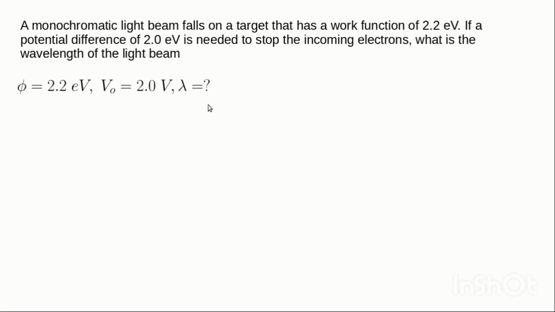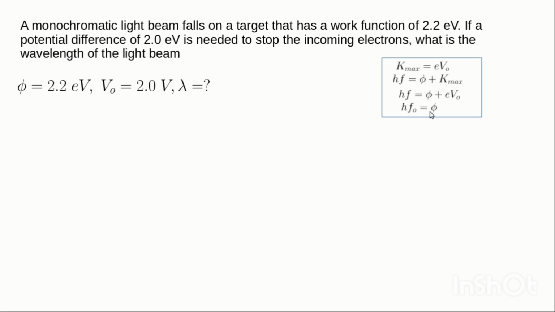So let's recall the 4 formulas again that can be used to solve problems under photoelectric effect. We have it as 1, 2, 3, 4. If you look at the first, they're talking about work function. There's nothing like work function here, so we can eliminate this. Then if you look at this, there's nothing like threshold frequency or threshold wavelength, so we can eliminate this.